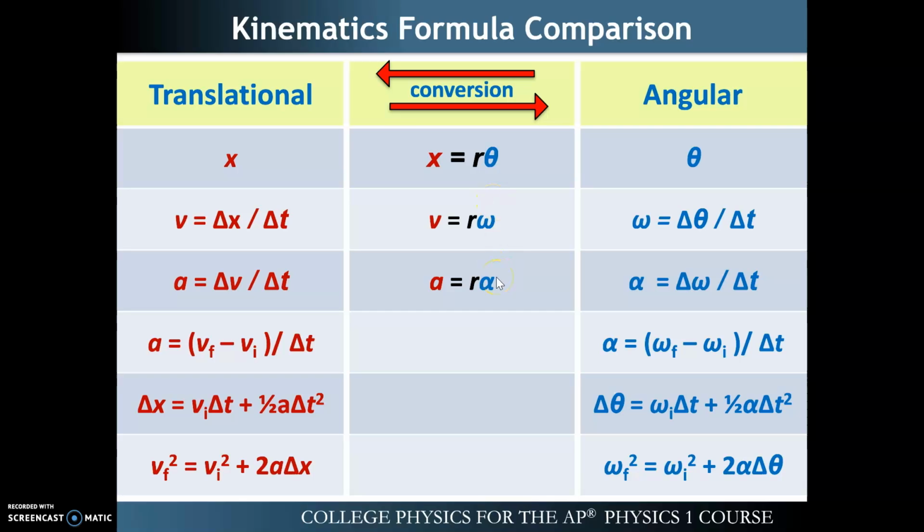What's interesting is if you look at your AP Physics formula sheet, first they give three translational kinematic equations, but they also give two of the angular kinematic equations, but not the third, which is very mind-boggling to me. But you can just use that third kinematic equation by doing these substitutions.